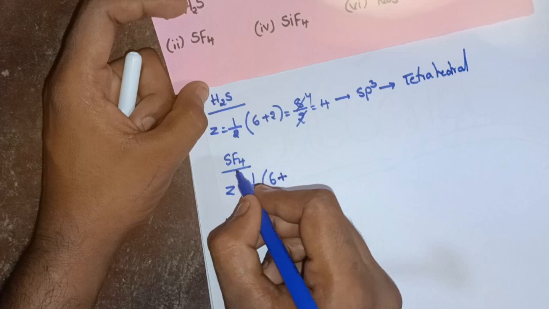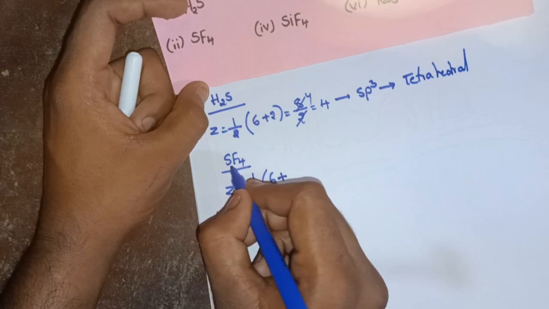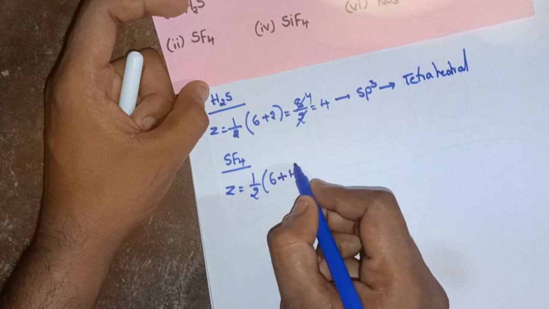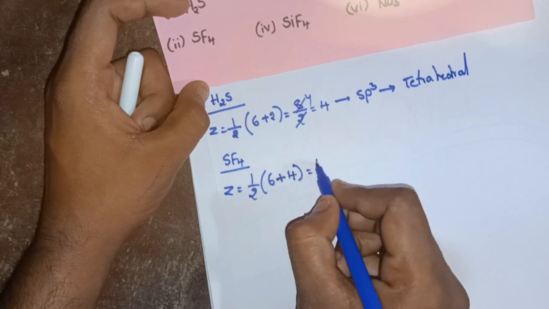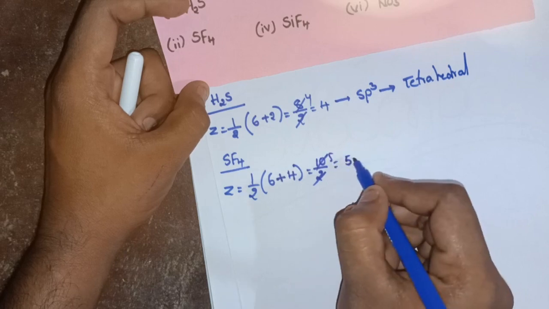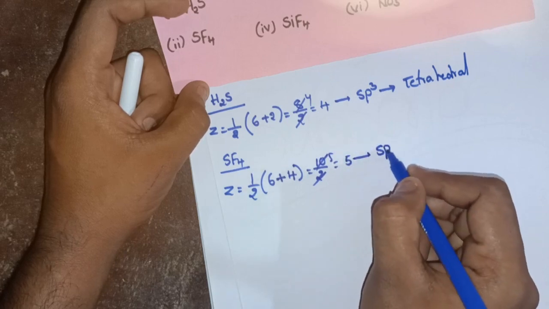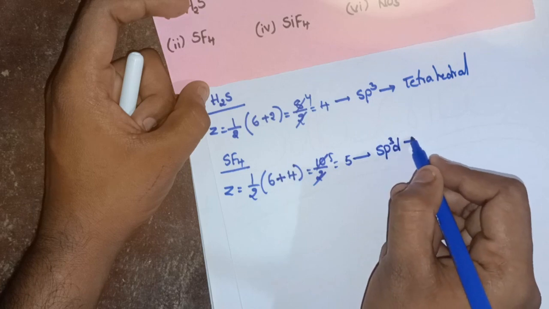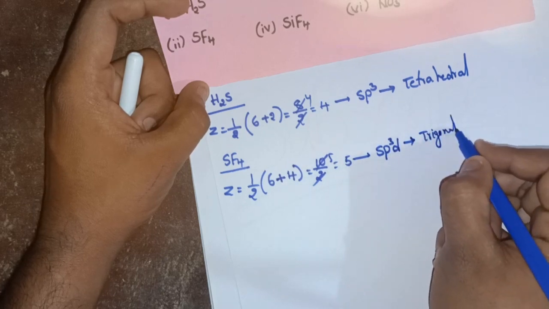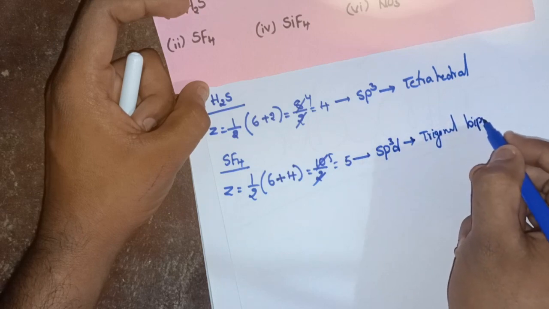No. So we have to add the monovalent atom fluorine. How many fluorine atoms? 4. That is 6 plus 4, 10 by 2, 2 fives, that is 5. The hybridization will be sp3d. Its structure is trigonal bipyramidal.